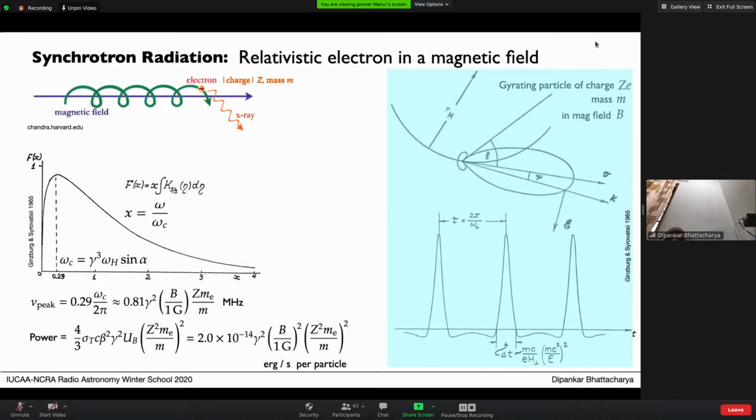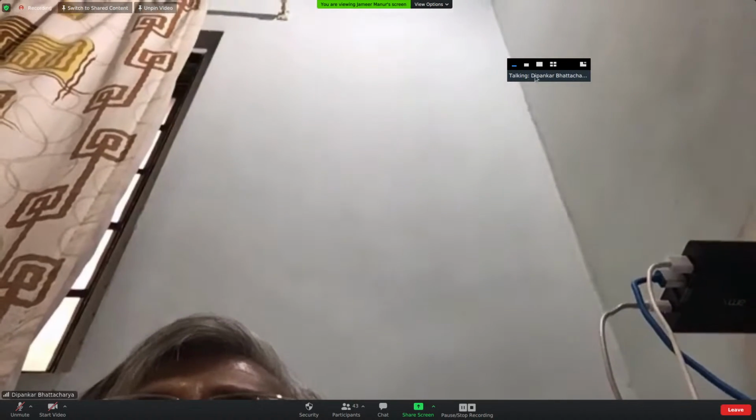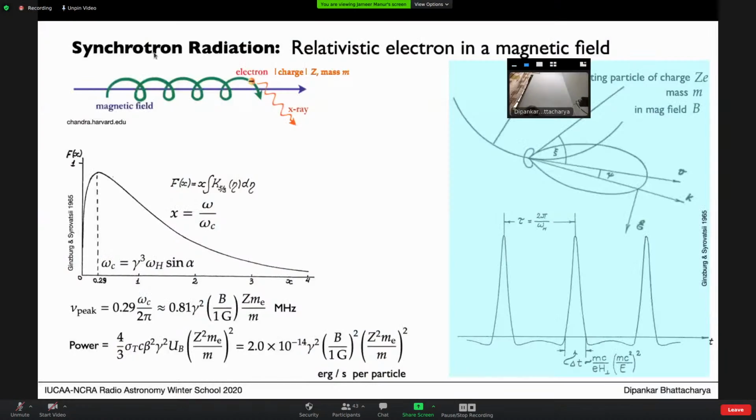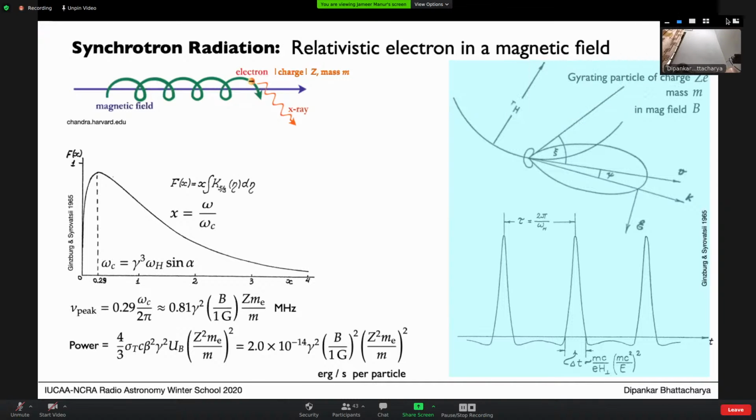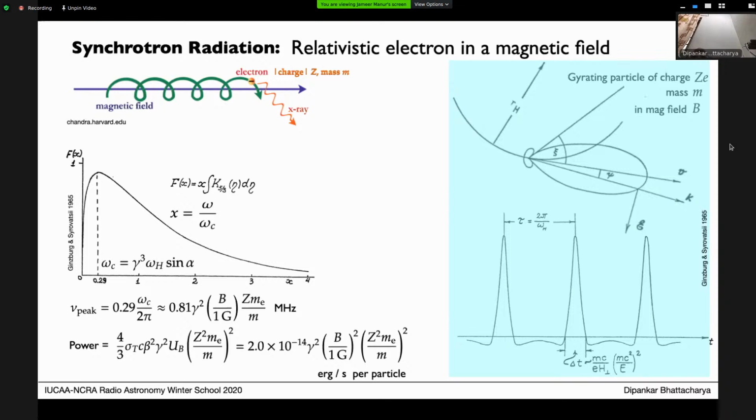And when you look at the distribution of the intensities of these harmonics, you will get a distribution which is shown in the left-hand bottom diagram. So it rises, it achieves a peak, and then it goes down. And the peak happens to be nearly at Lorentz factor cubed times the gyro frequency.